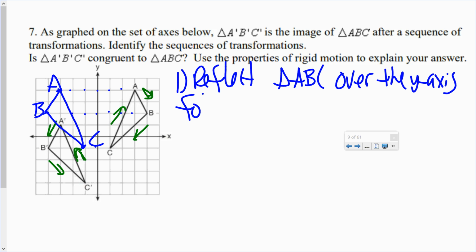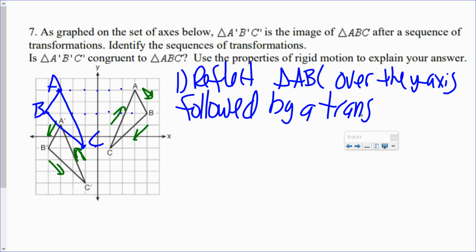Followed by, well, now that I did the reflection, it's pretty clear to see what I need to do next. A translation down 3 units.